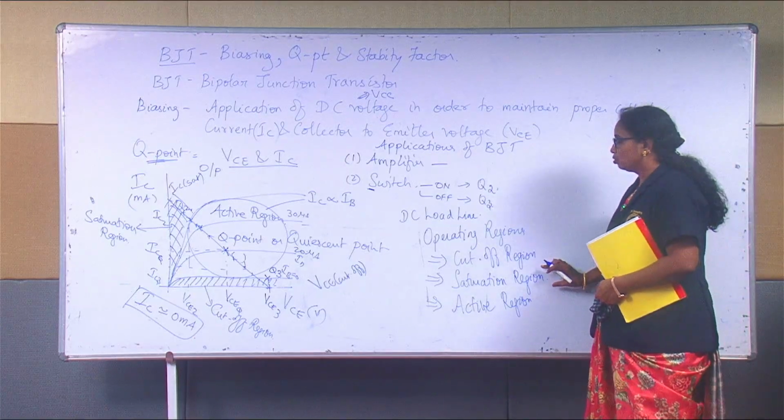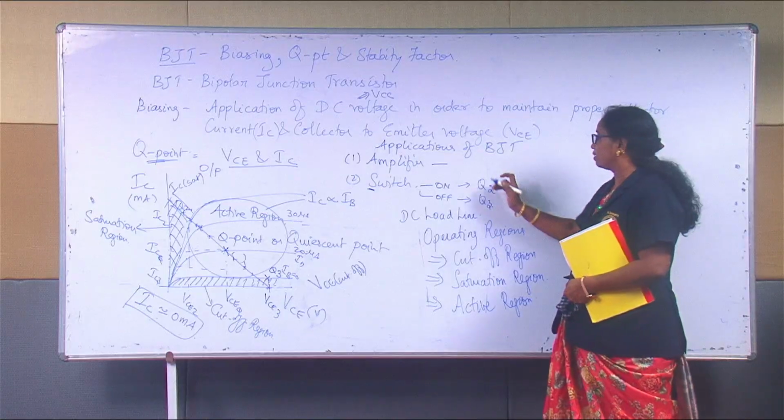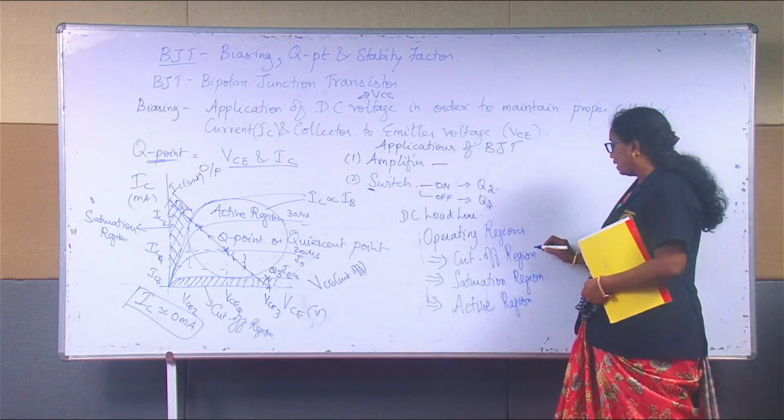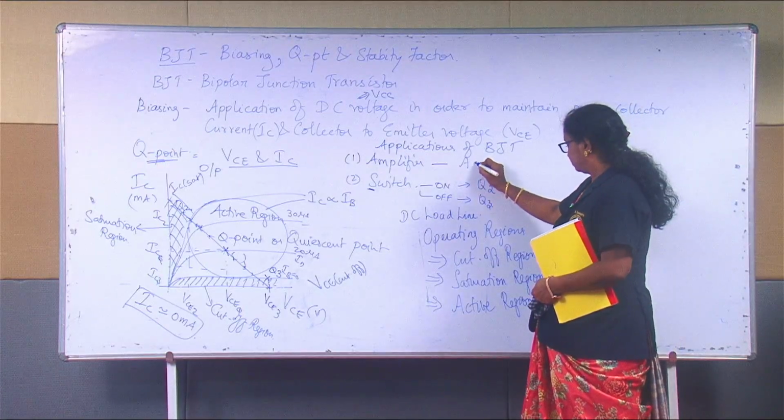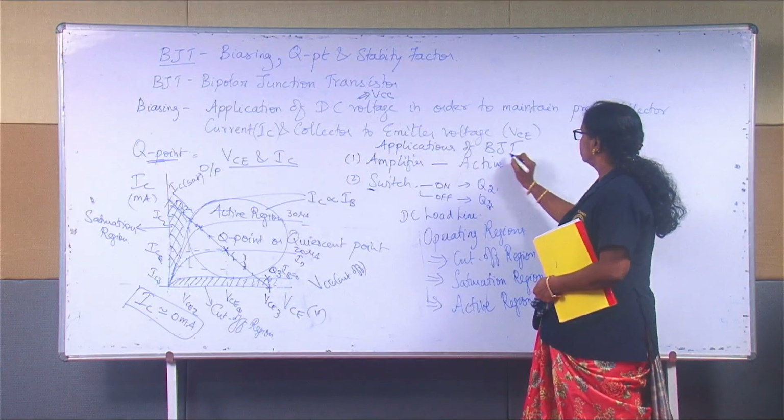So, if I want to use the BJT as an amplifier, I need to operate the BJT in the active region.